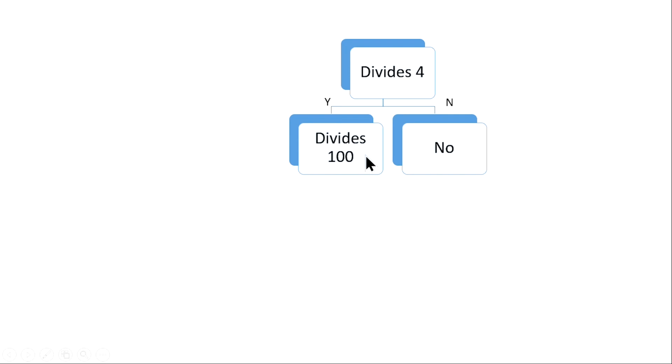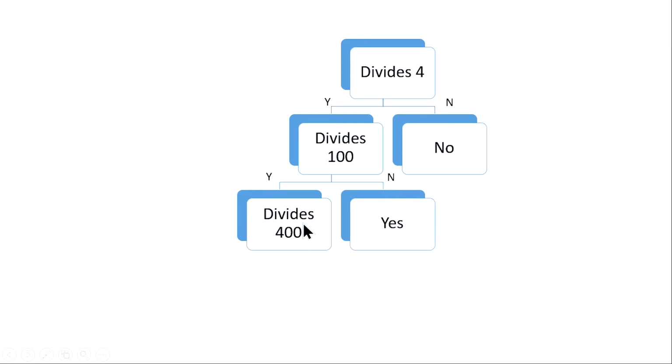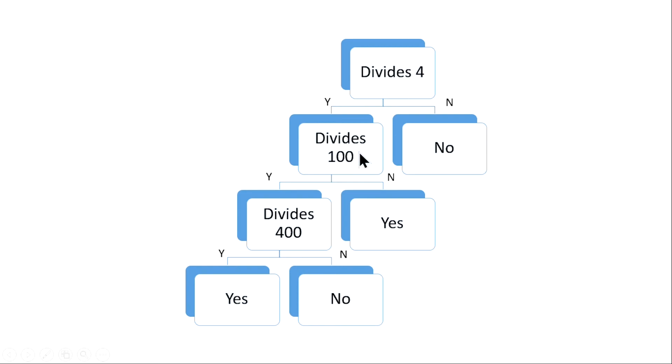If it divides by 100, then it's possible to be a leap year or not based on the condition: if it divides by 400, it goes back to being a leap year, otherwise the answer stays no. So that's the decision tree.